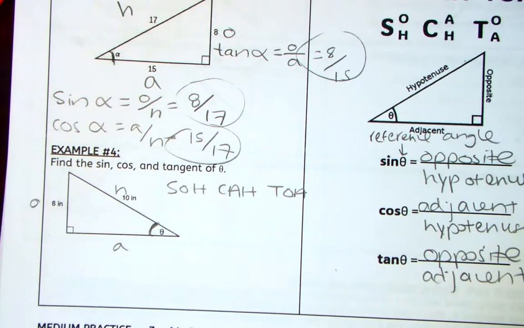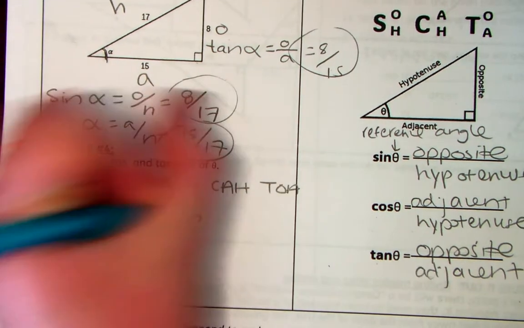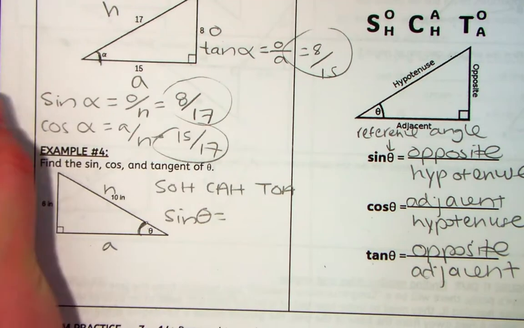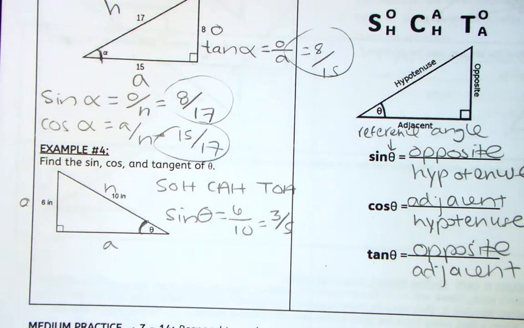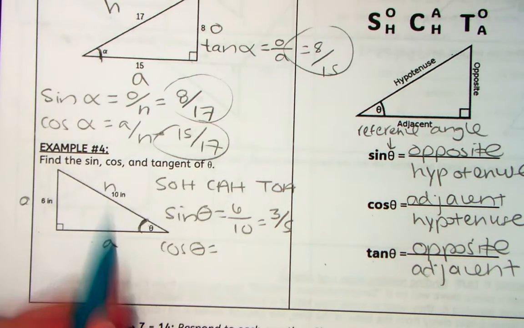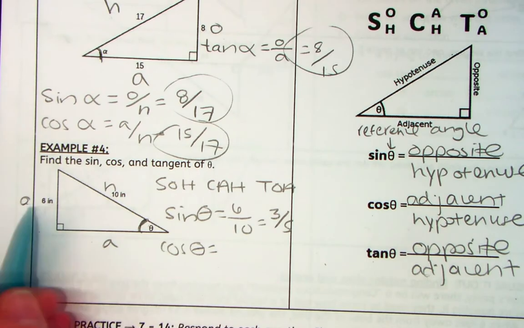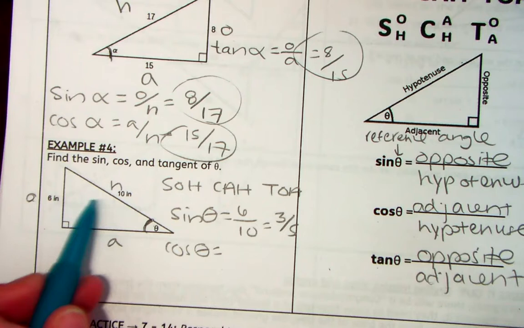So sine, I need opposite over hypotenuse. So sine of theta is going to equal 6 over 10, which reduces to 3/5. Now cosine of theta, I need adjacent over hypotenuse. Now I don't have the adjacent, but I can start using some of my other stuff I know about right triangles. I can do a squared plus b squared equals c squared.